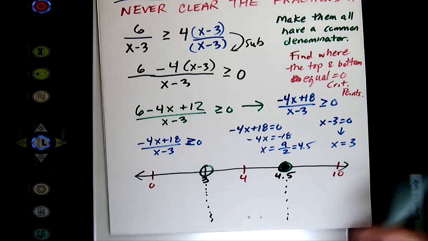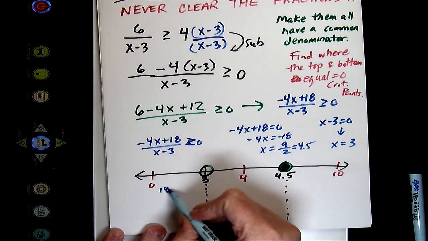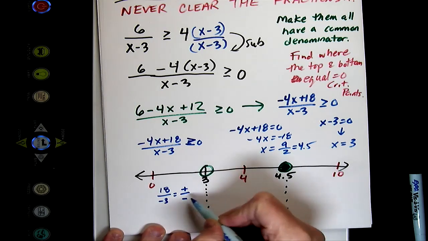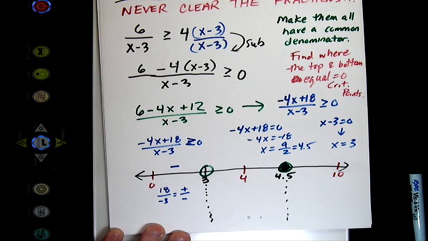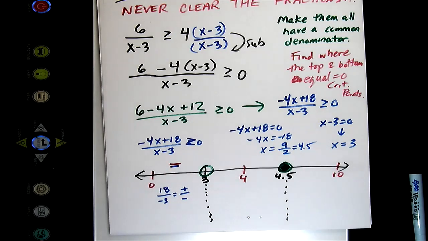So if I stick in 0, I've got 18 over -3. A positive over a negative means this region is negative. I'll use a different color there. I'll use red. That's a negative region.